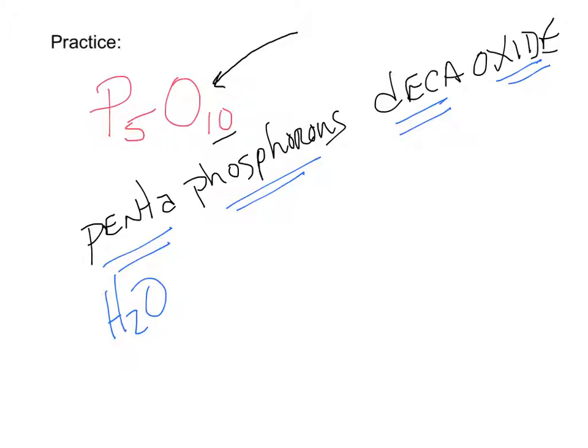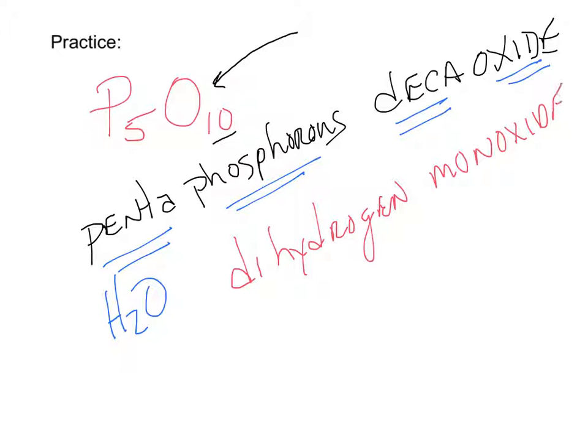And if you wrote dihydrogen monoxide, yes, that is the correct name for what we call water. It would be called dihydrogen monoxide, okay?